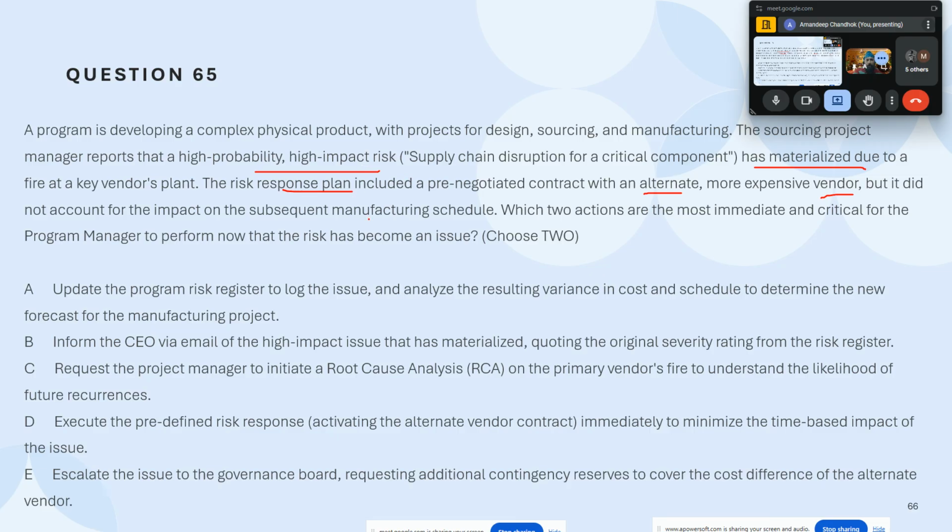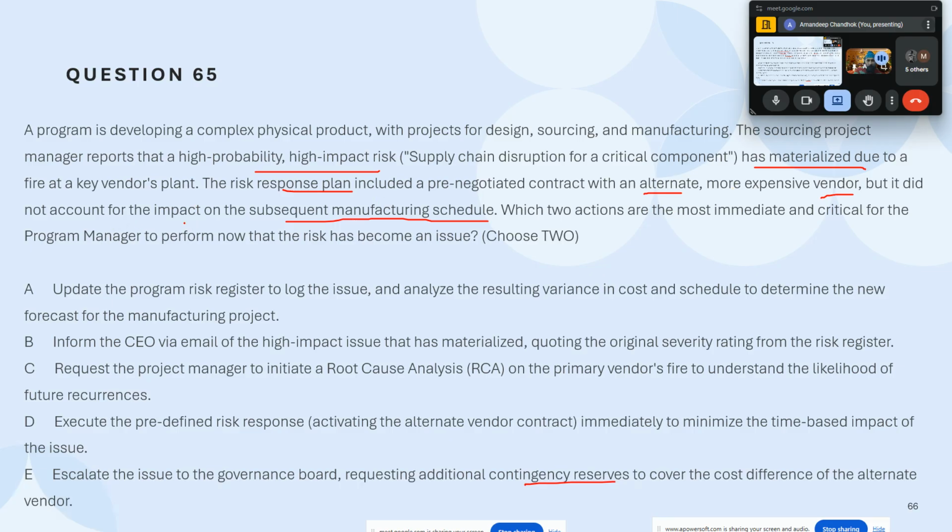However, we did not assess the schedule. We assessed the response plan for cost, which is where we would have contingency reserves, but we did not factor in that even with the new vendor, our schedule might have been impacted.